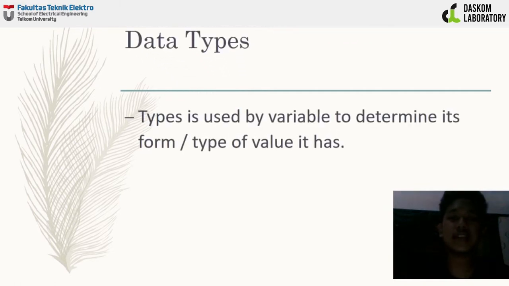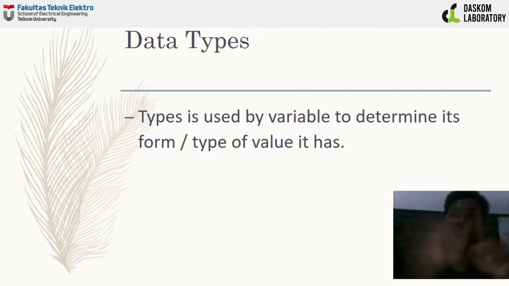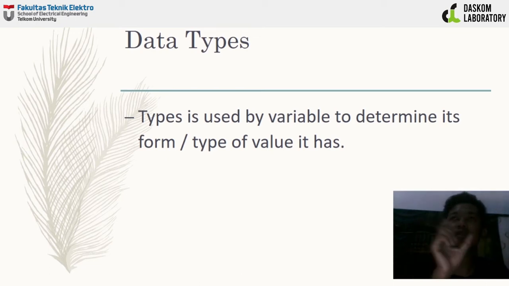Next is the data type. The variables that you make must have a data type. A data type is used by a variable to determine the form or type of value it has. For the variable you choose, like name, you think: what should this variable contain?